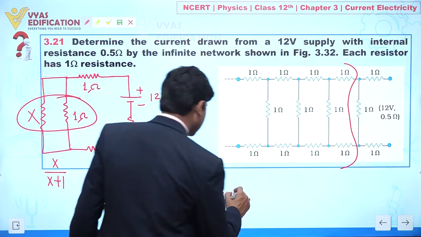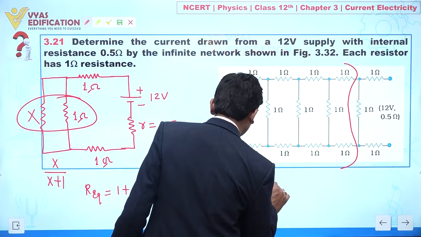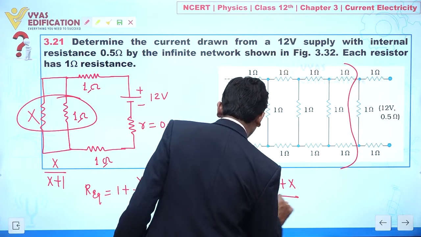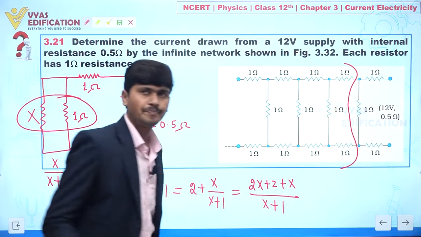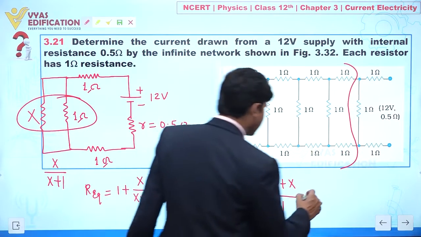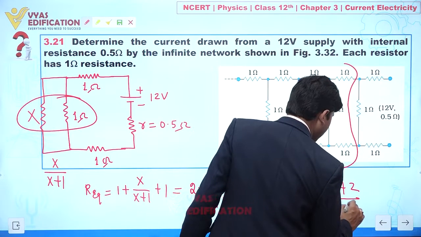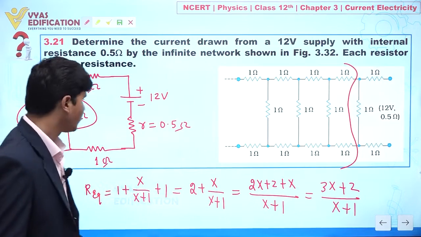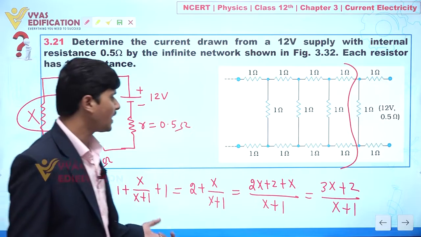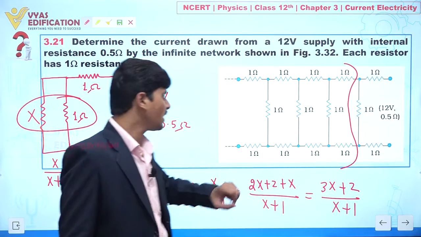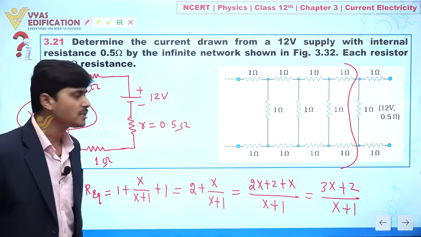If you take the LCM, we get 2X plus 2 plus X over X plus 1, which is equal to 3X plus 2 divided by X plus 1. So R equivalent is 3X plus 2 upon X plus 1.